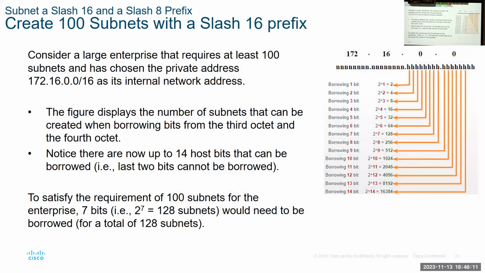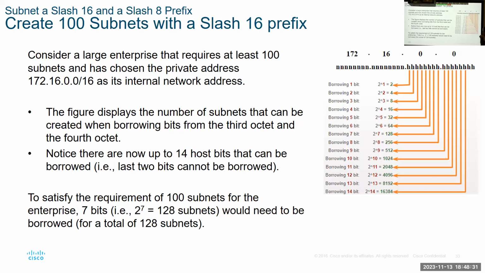Okay, so if you have a 172.16.0.0/16 and it needs at least 100 subnets, the first thing you need to do is determine how many bits I need to make 100 subnets.